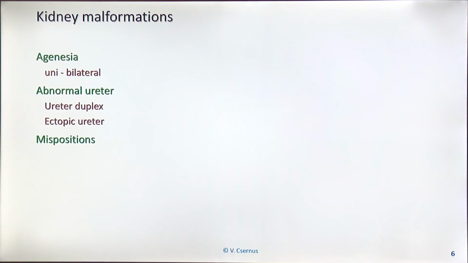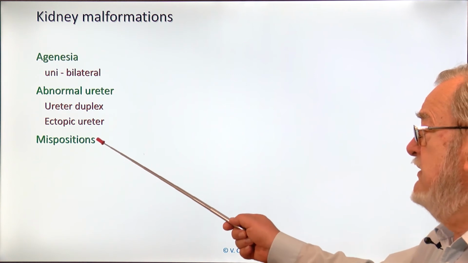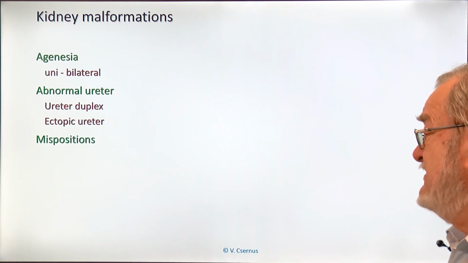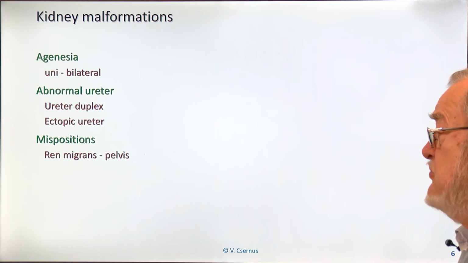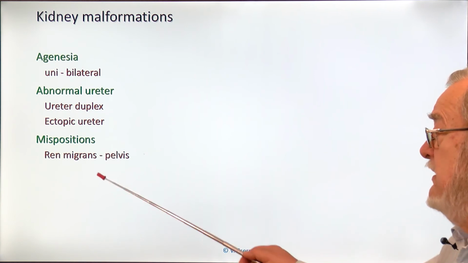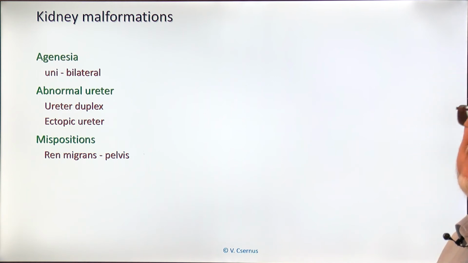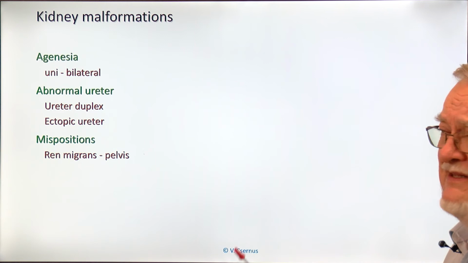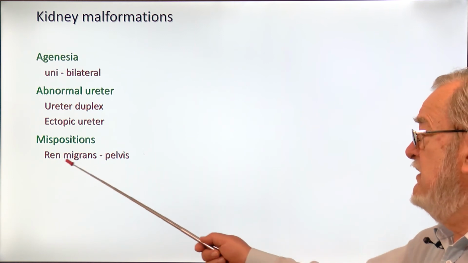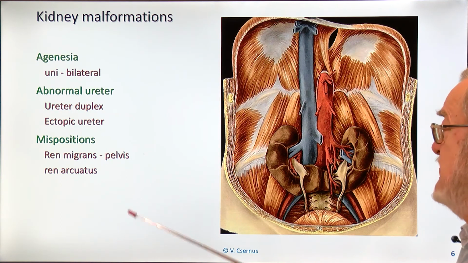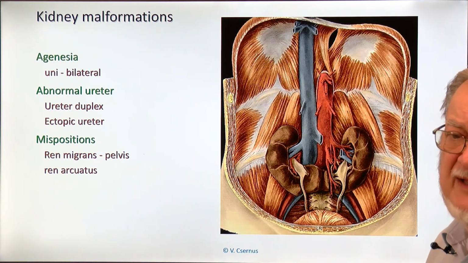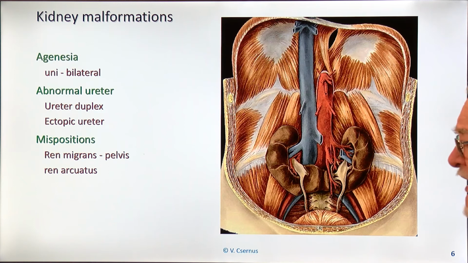Otherwise, regarding misposition, as you know, the kidney starts developing in the pelvis and migrating up, and during this migration there can be severe problems. Number one, the kidney is lazy and is not in the original place, but stopped somewhere between the pelvis and the original position. This is what we call Ren migrans, and usually there is no problem with that, just diagnostic value.